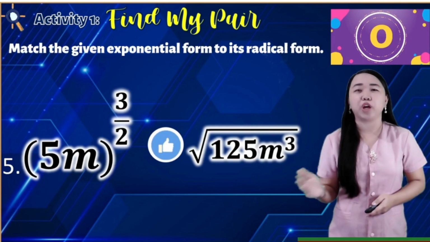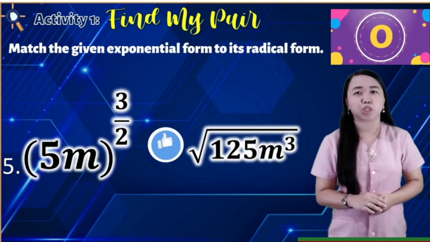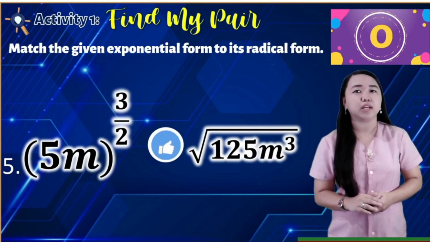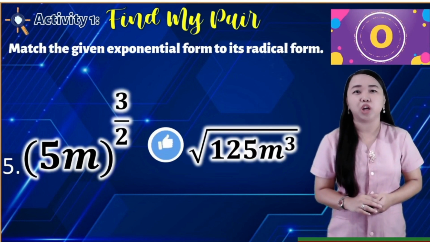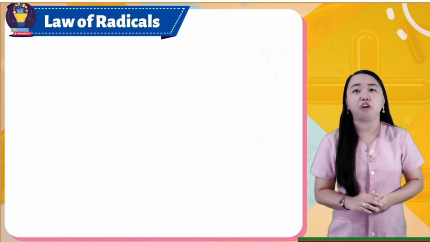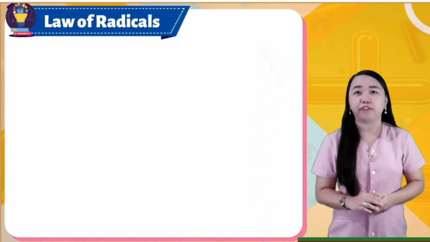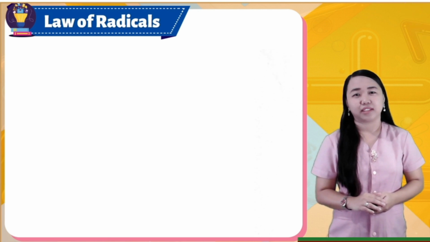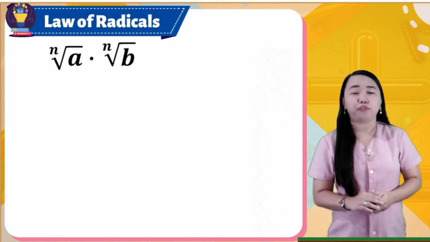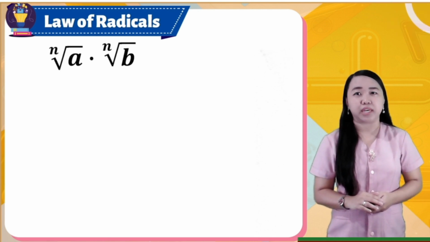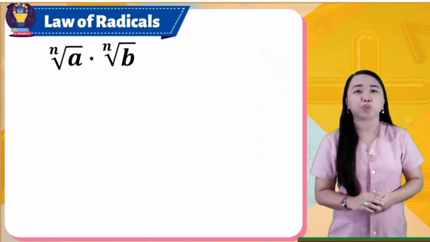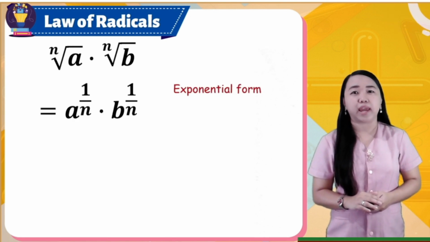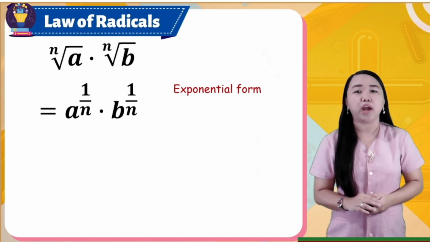How about if we're going to simplify radical expressions? To make the process of simplifying radical expressions much easier, we can use the laws of radicals, which are derived using the laws of exponents. The nth root of a times the nth root of b can be written in its exponential form as a raised to 1 over n times b raised to 1 over n.